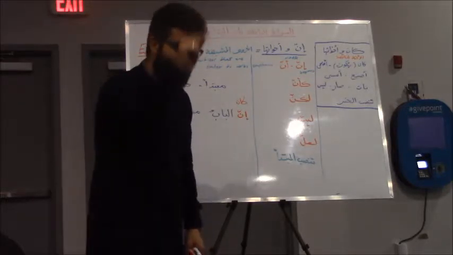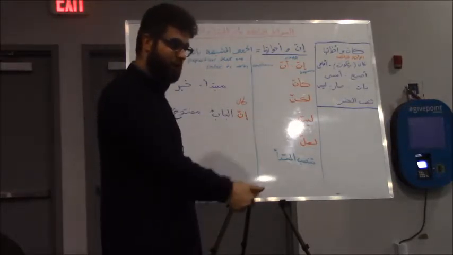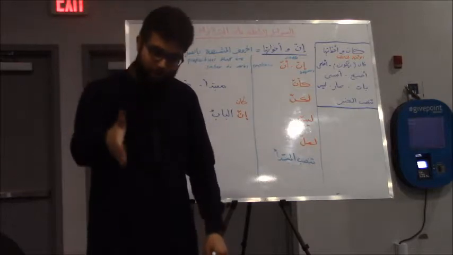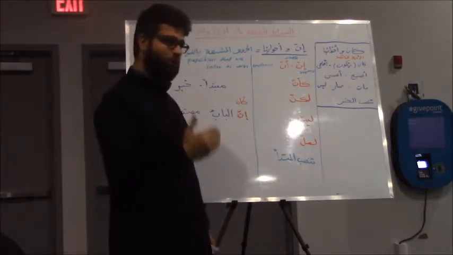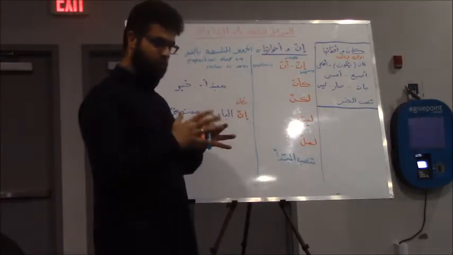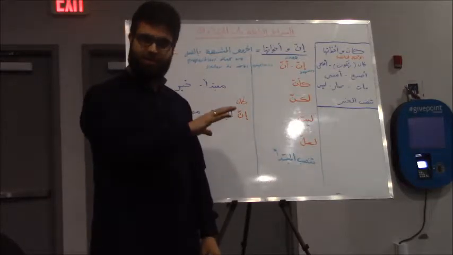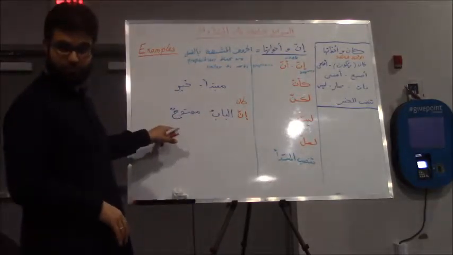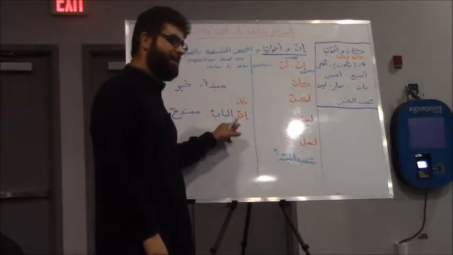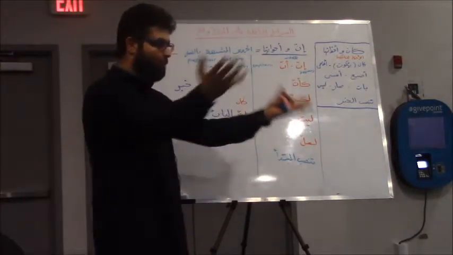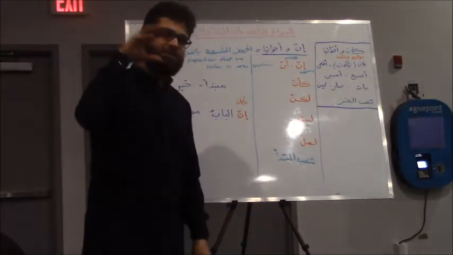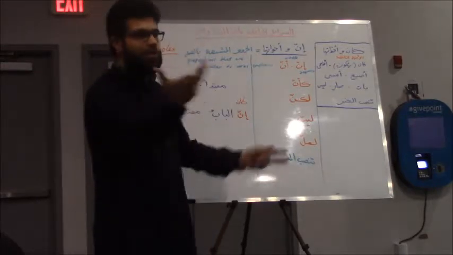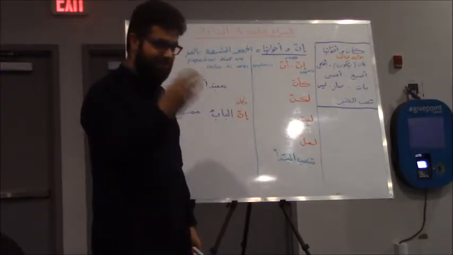I'm talking about the door, not talking about the window, not talking about the door of the car, not talking about the book. Inna al-bab maftuh. So it's as if when I say kana, the door is something agreed upon. What we're emphasizing is whether it's open or not, right? And when I'm using inna, it's as if the concept of something being open is agreed upon. It's emphasizing what is open, or that makes sense, and that's the difference.